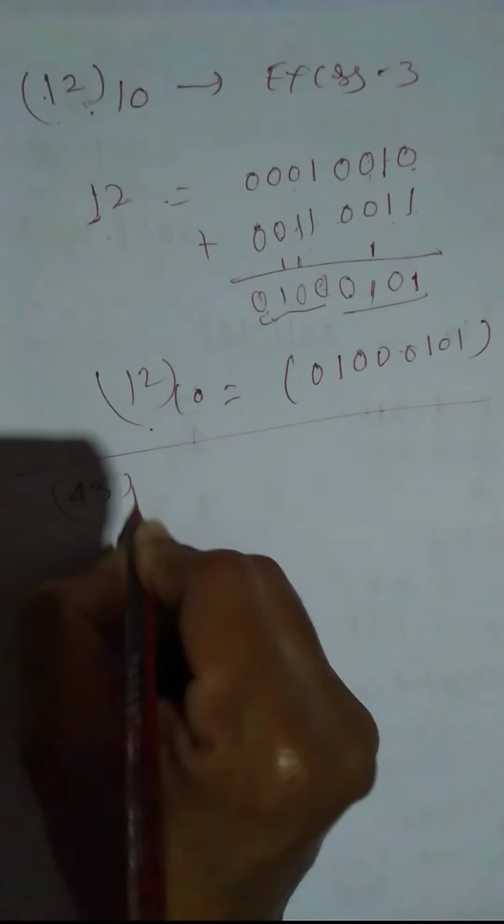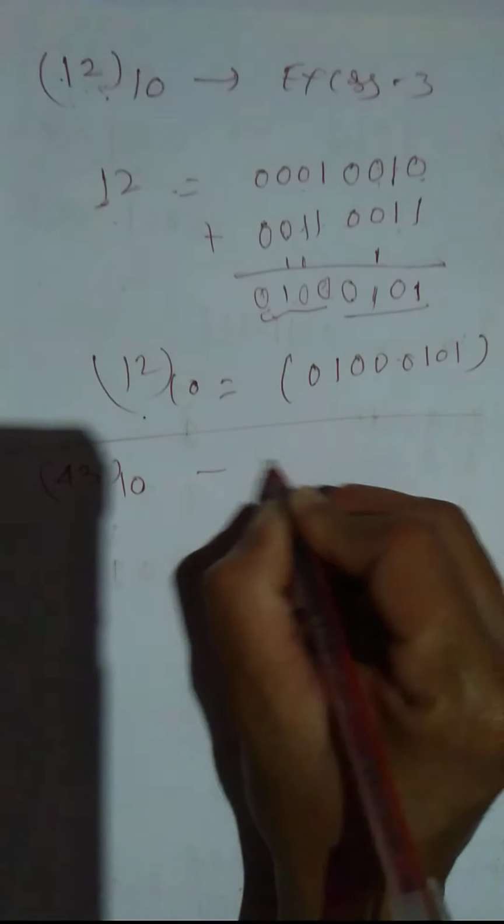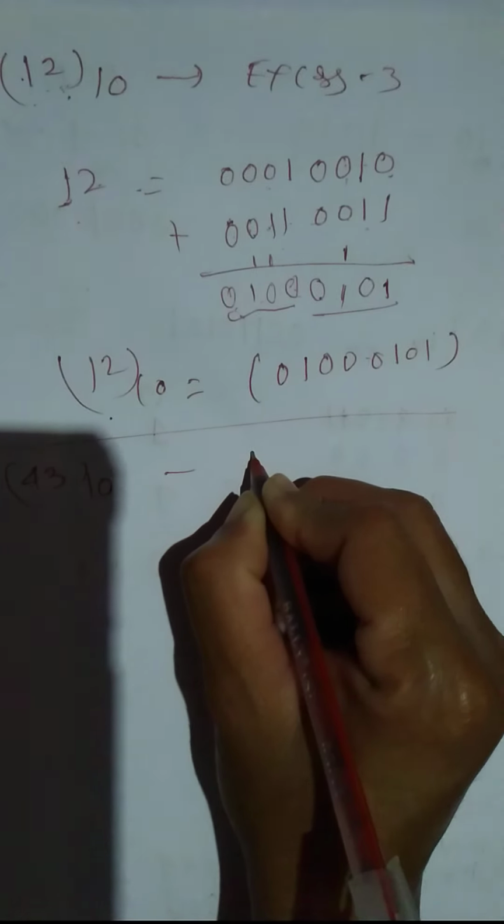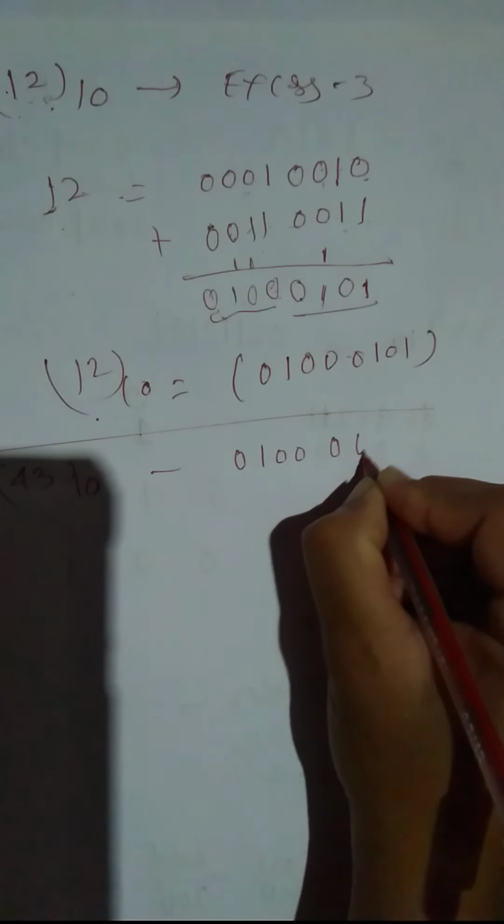Take another example. 43 is represented in packed BCD or 8421 as 4 is 0100 and 3 is 0011.